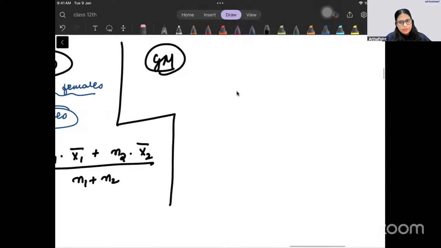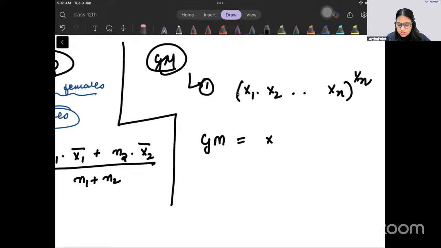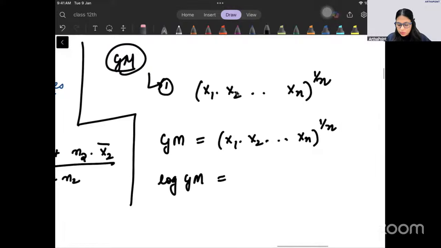Geometric mean is very simple. There are two formulas of geometric mean. The first formula is x1 into x2 till xn to the power 1 by n. And if this is gm, x1 into x2 till xn to the power 1 by n, we can take log on both sides and get log gm is equal to log of x1 till xn to the power 1 by n.